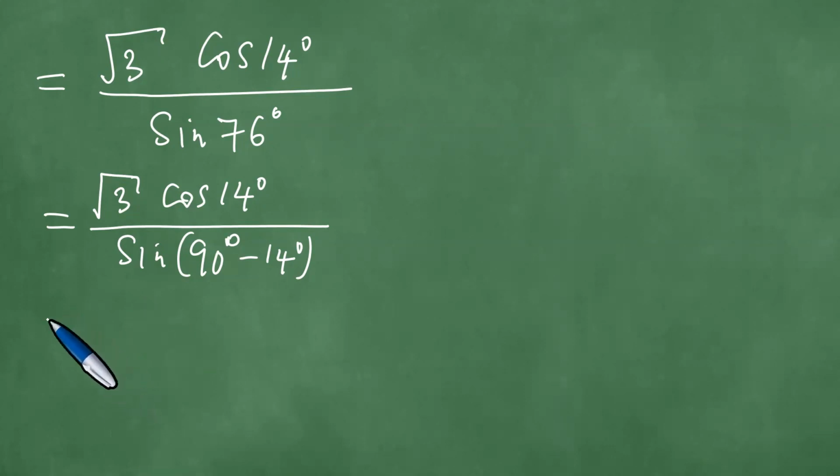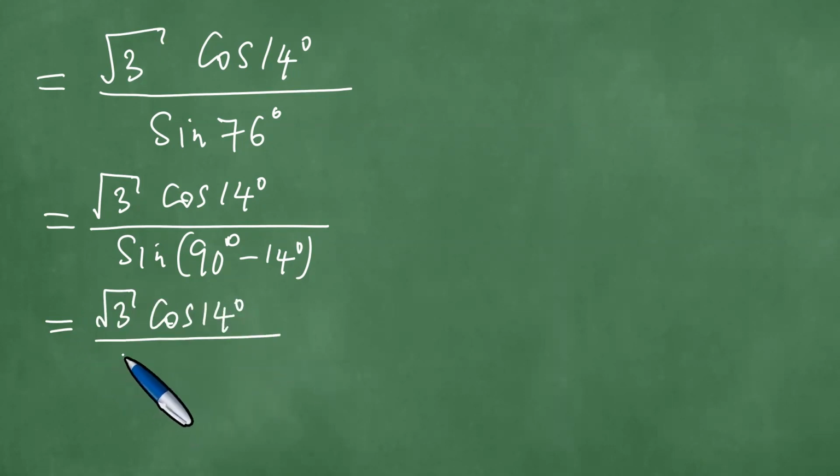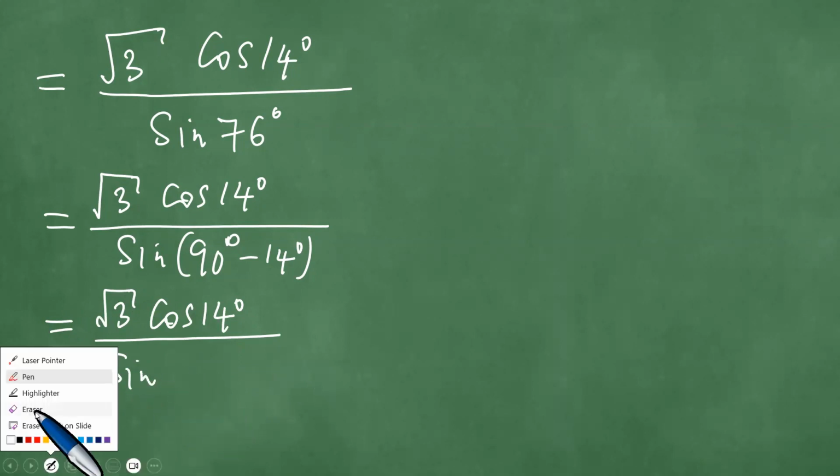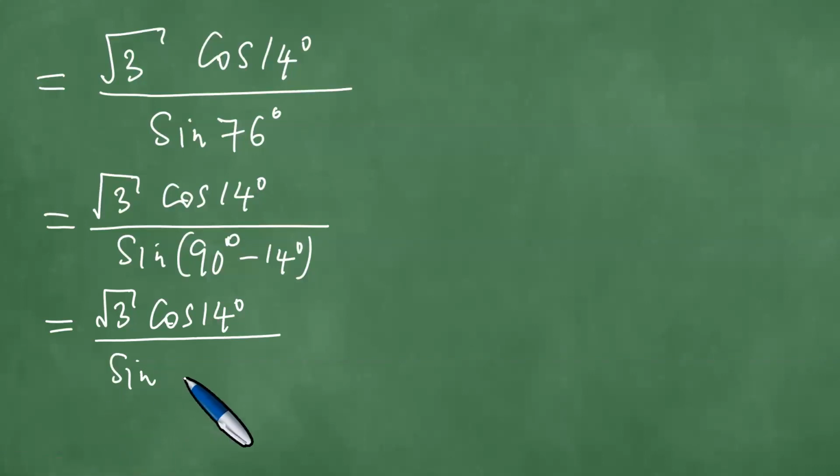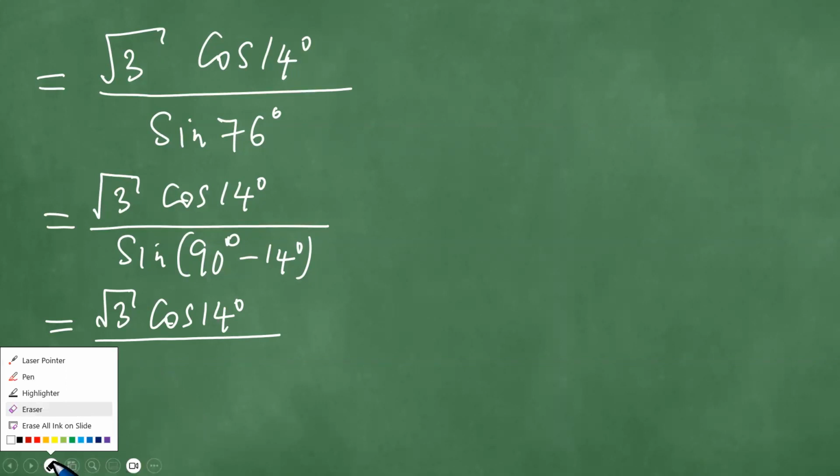Okay, we'll continue. So square root of 3, 14 degrees. Now there's a cofunction change here. Watch the cofunction change that you're getting. Because at 90 degrees we use the Coco rule, and the Coco rule dictates cofunction changes. So now we have a 90 in the denominator, so we're going to use the Coco rule.